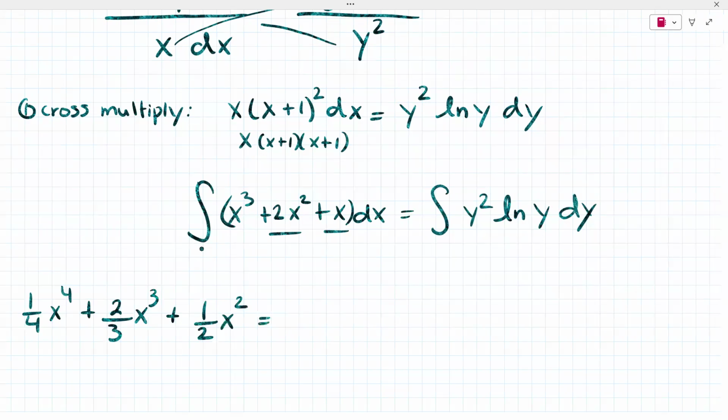Now, what about the right side? Also, I'm going to put the plus c on the left. You could also put it on the right. It doesn't really matter. I'm just going to put it on the left for this problem. And then over here, how do we take the integration of y squared ln of y dy? Well, you can't use substitution, right?